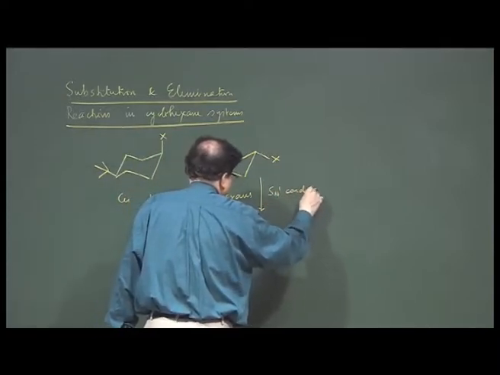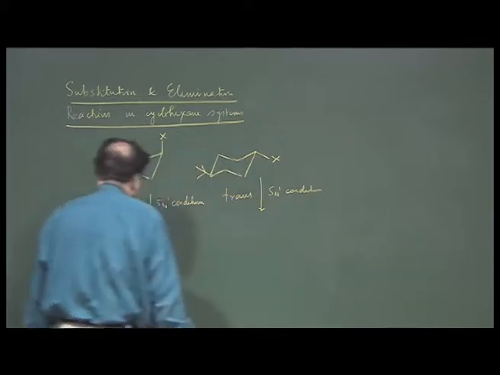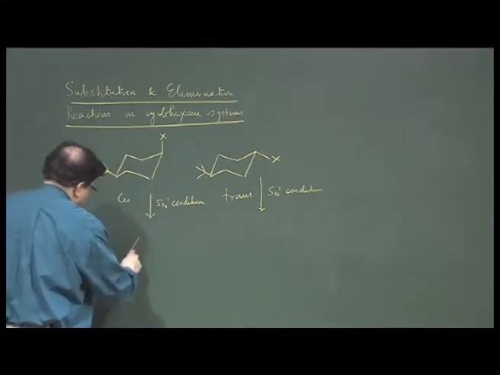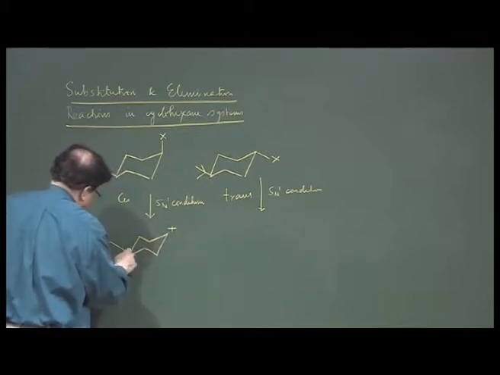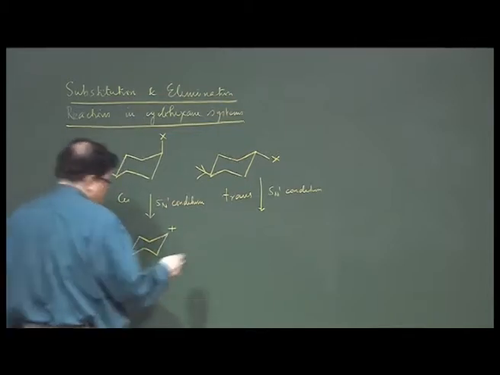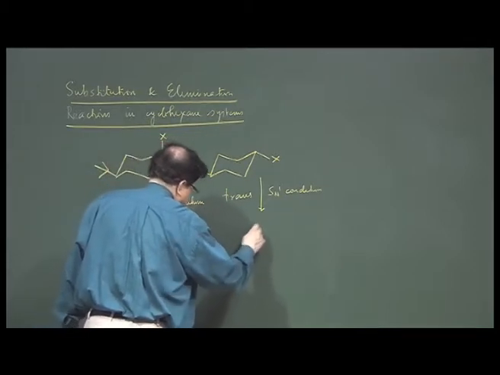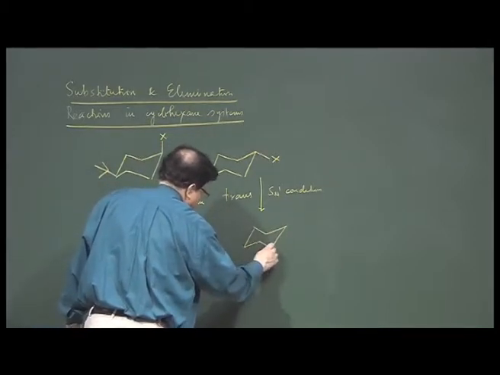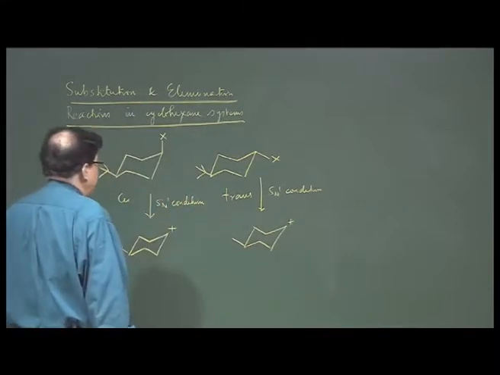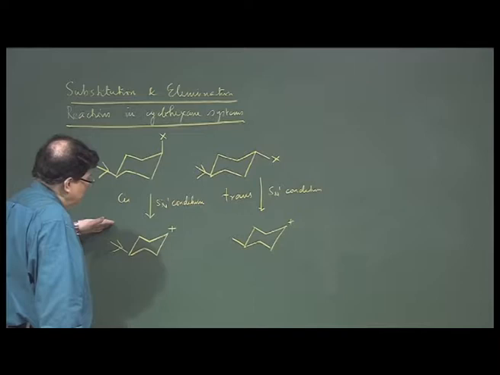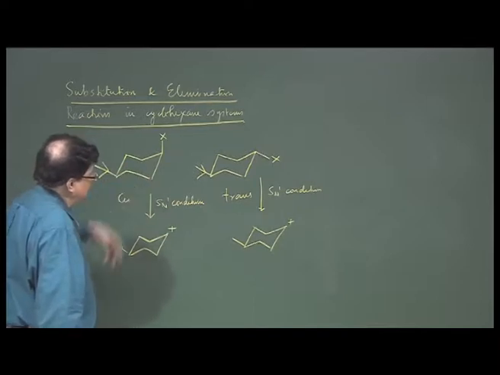So, if it is SN1, that means there will be formation of the cation, and this is the first step in the SN1 reaction. It is the same cation that is generated here. Now, which one will then react at a faster rate?